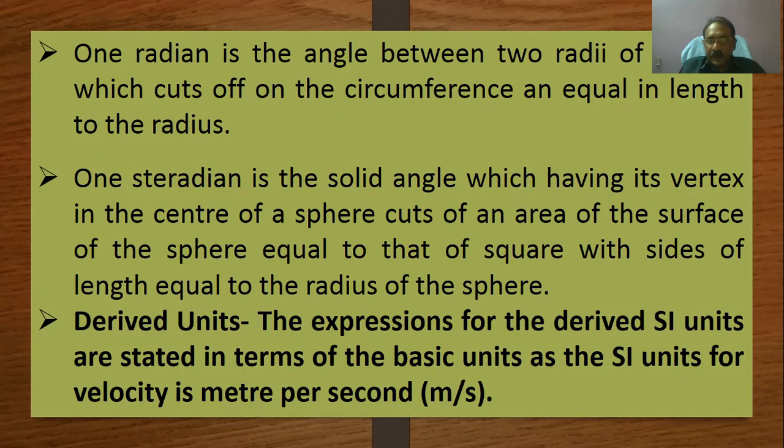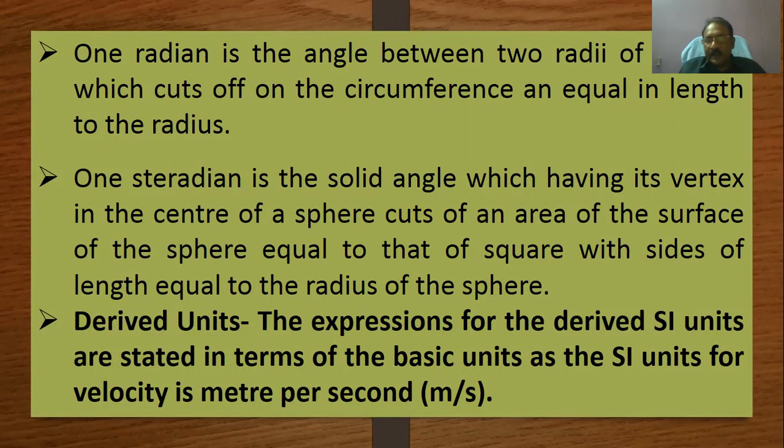In the sphere, a square with equal sides, that is, the radius width. Okay, so listen carefully. One steradian is the solid angle which has its vertex at the center of the sphere.